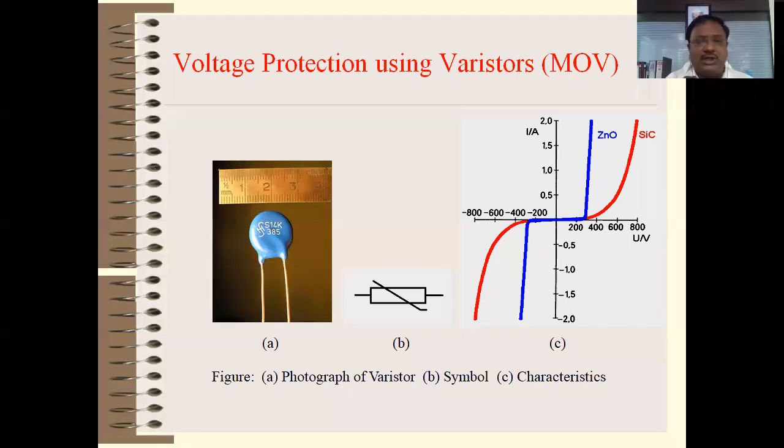Once that diode turns on, the current increases exponentially, right? And the voltage across the diode is equal to the on-state voltage drop, right?